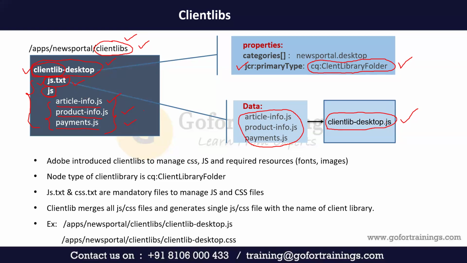Include only the clientlib-desktop JavaScript file, and this file contains all the implementation of these three files, because at runtime these three files are merged into a single file with the name of the client library. Let's execute these steps in CRXDE.